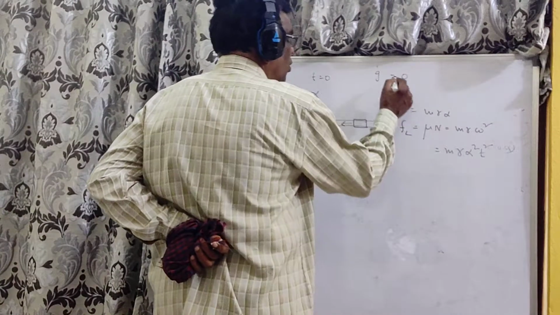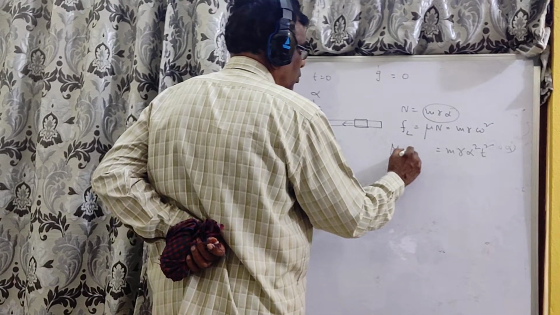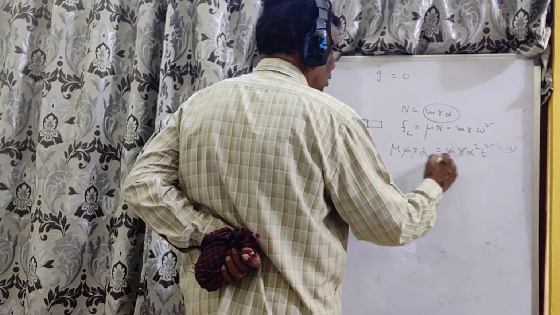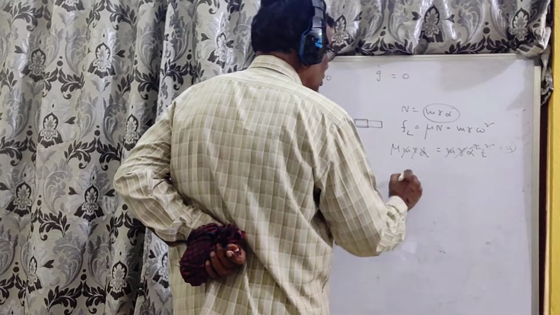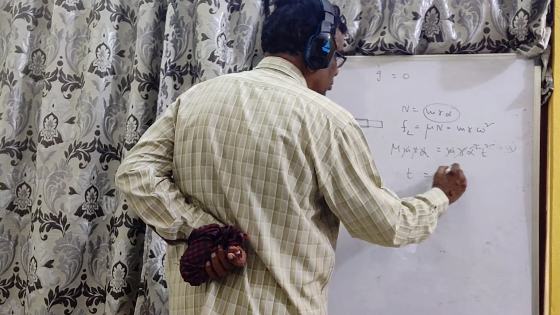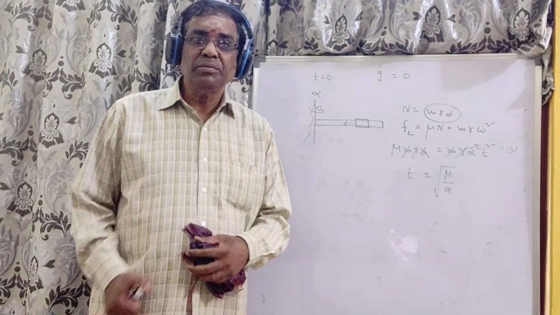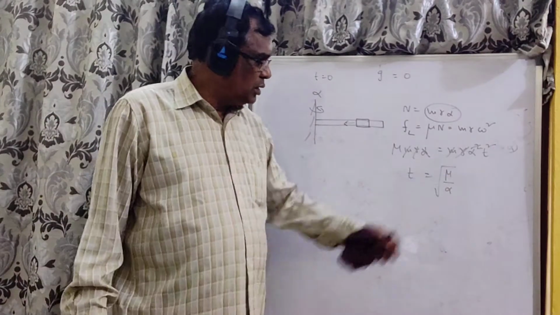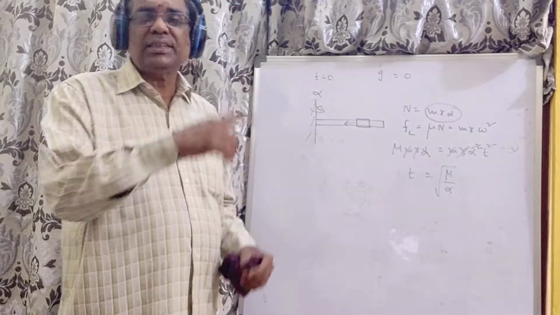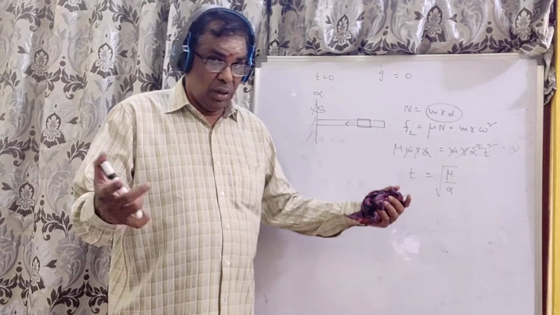Now N is equal to m R alpha, so mu m R alpha. m gets cancelled, R gets cancelled. So t is equal to, see how beautiful this concept is? The time is root of mu by alpha. This is when it will start slipping.